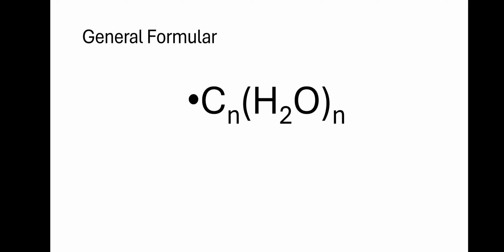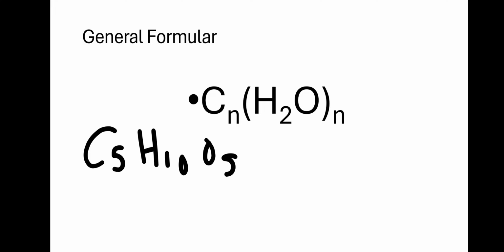Aside from that, what if I were to say maybe pentose? That's 5. So this is going to be C5 here, and this is going to be H10 there, and then O5 there. So this is how I write my chemical formula.